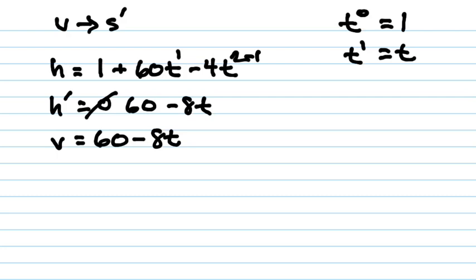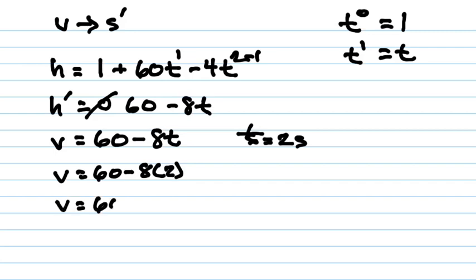Sorry, I couldn't resist. And we want to do this after how many seconds? 2 seconds. So t equals 2 seconds. Let's plug that in. Velocity equals 60 minus 8 times 2, which gives us velocity equals 60 minus 16.